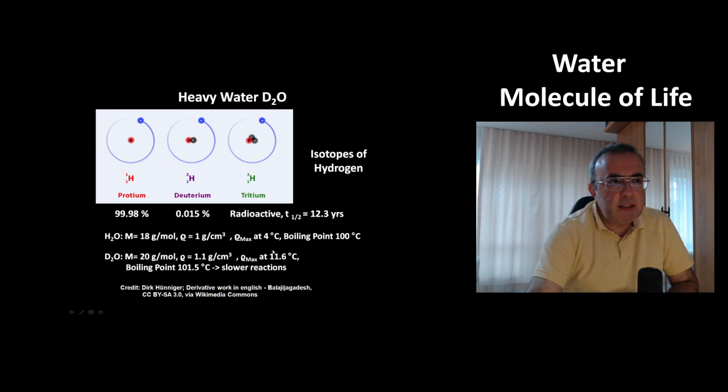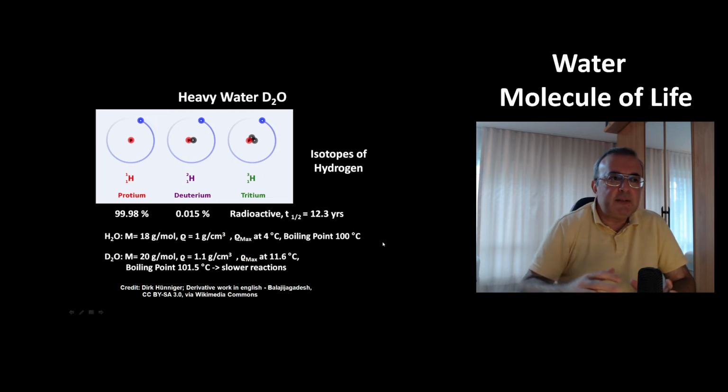D2O has its density maximum at 11.6 degrees Celsius instead of 4.4 degrees Celsius. And the boiling point is 1.5 degrees Celsius higher. This means the heavier D2O reacts more slowly, and you can take advantage of that for the isolation of D2O from H2O.